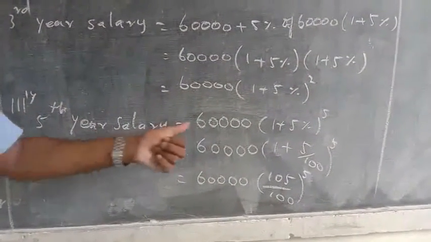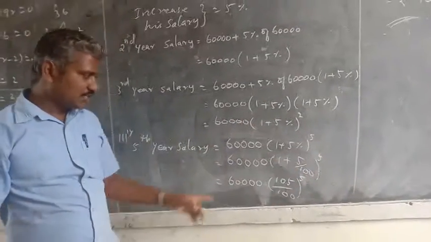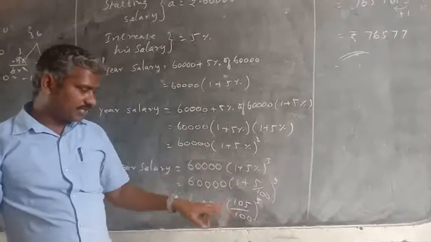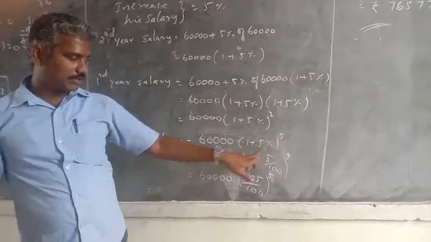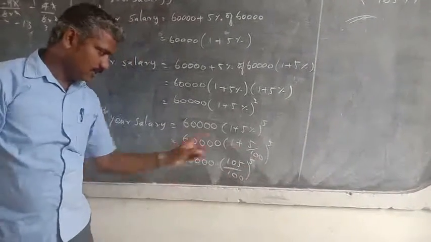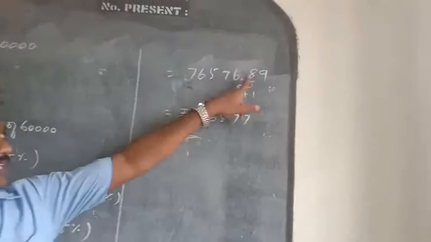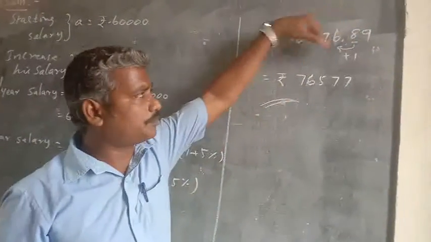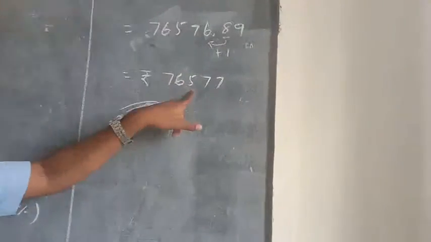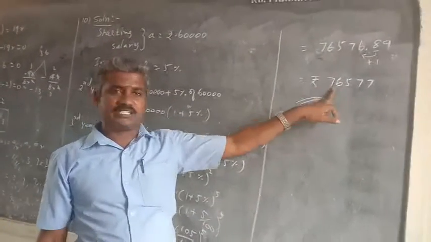So the 5th year salary is 60,000 into 1 plus 5 by 100 whole power 5. 1 into 100 plus 5 is 105 by 100 whole power 5. Multiply this, and the answer is 76,576.89. Rounding up, a digit above 5 means add 1. So rupees 76,577. At the end of the 5th year you get a salary of about 76,577.